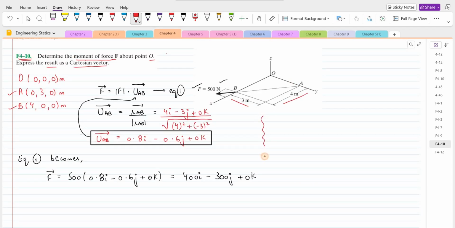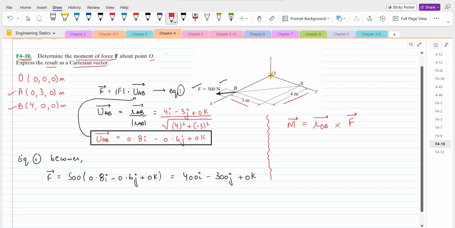Now the moment of the force F in Cartesian vector form: the moment vector is the cross product of the position vector r_OB and the force vector.